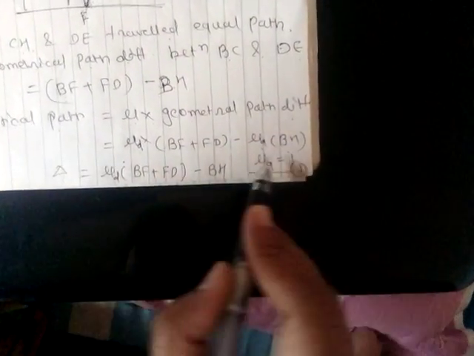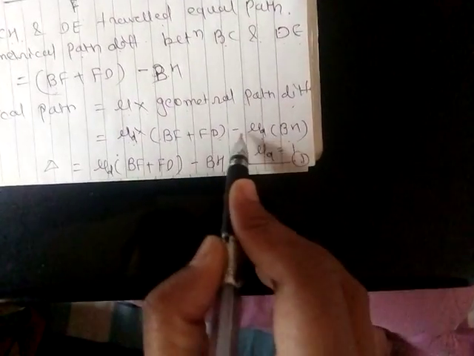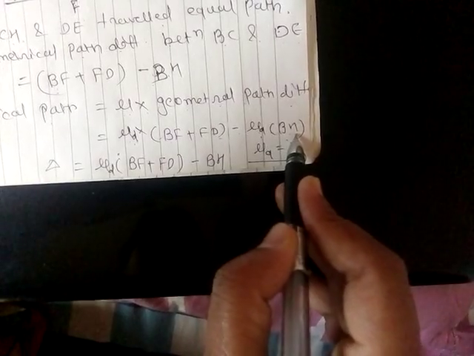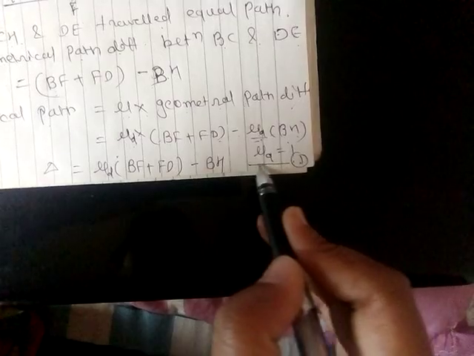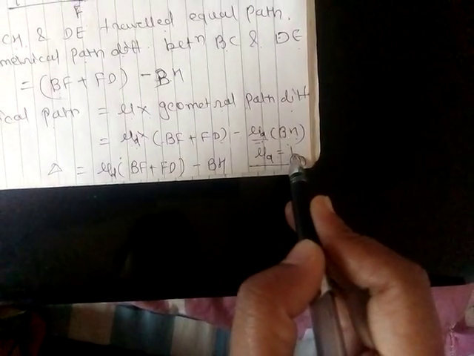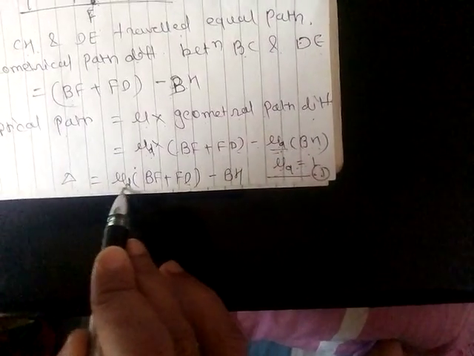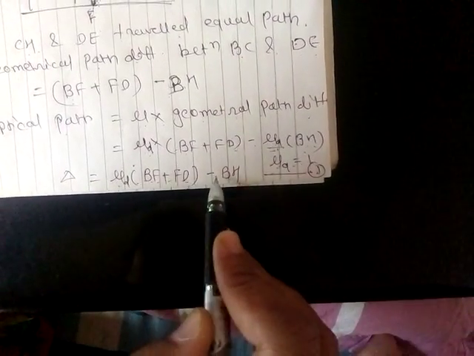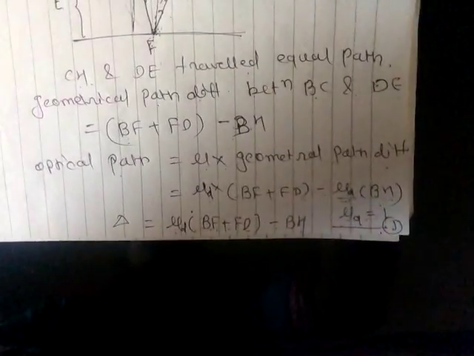This equation becomes mu_d into BF plus FD minus mu_a into BH. Mu_a is the refractive index of air, and mu_a equals 1. Then this equation becomes mu_d into BF plus FD minus BH. This is equation number 1.